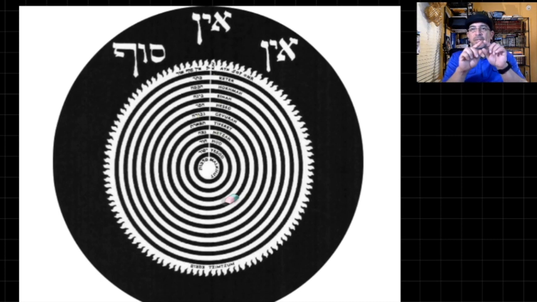We're not going to use the tree of life as we know it, for the most part, which is 10 spheres separated left, right, center. We're going to see the tree of life when we study it exactly as the line shows it here. One sefira under the other. Okay.